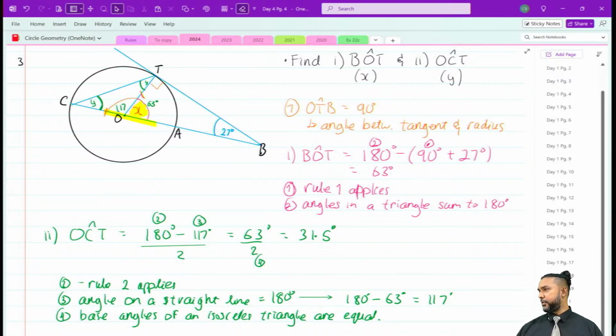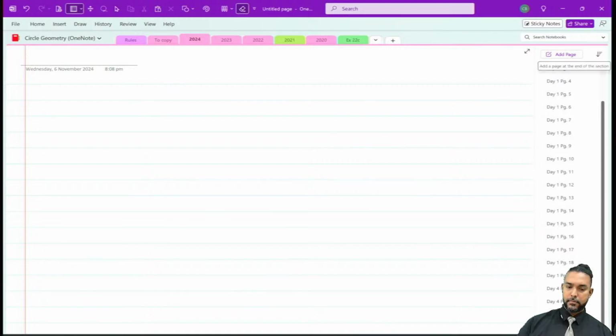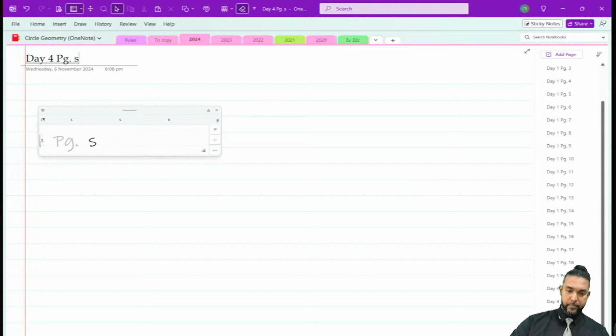All right, we have 2 more questions. Let's see if we can get them done quickly. Anybody still copying anything now? Okay. Okay, Kadisha, we'll see you next week, yeah? Day 4 page.